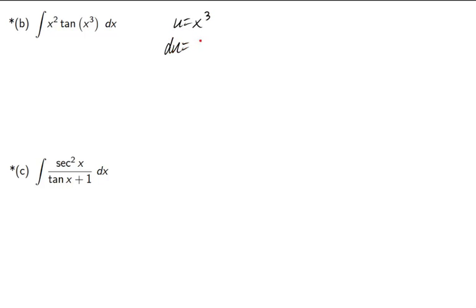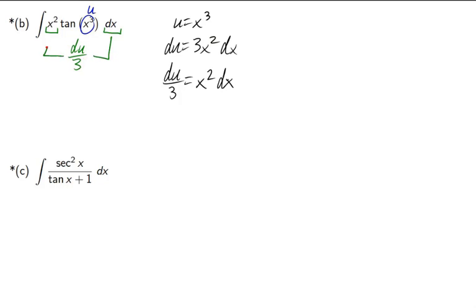So du equals 3x squared dx, meaning du over 3 equals x squared dx. We've got a u, and x squared dx is my du over 3, right? The over 3 I'll write in front.